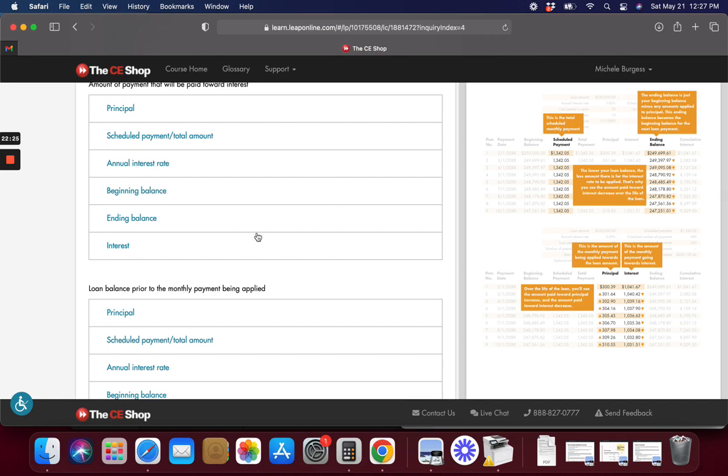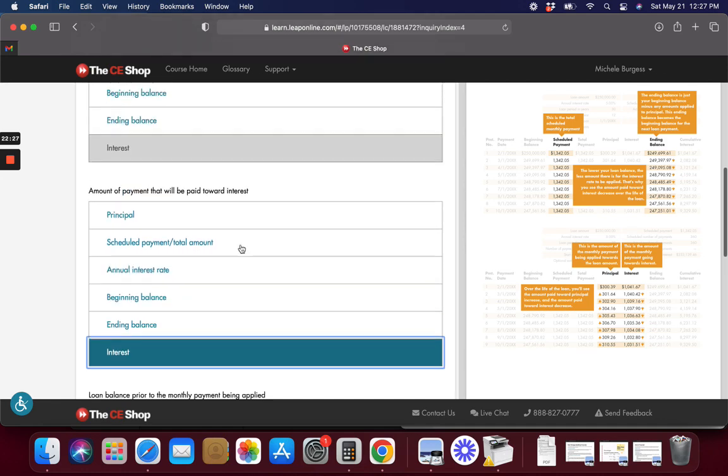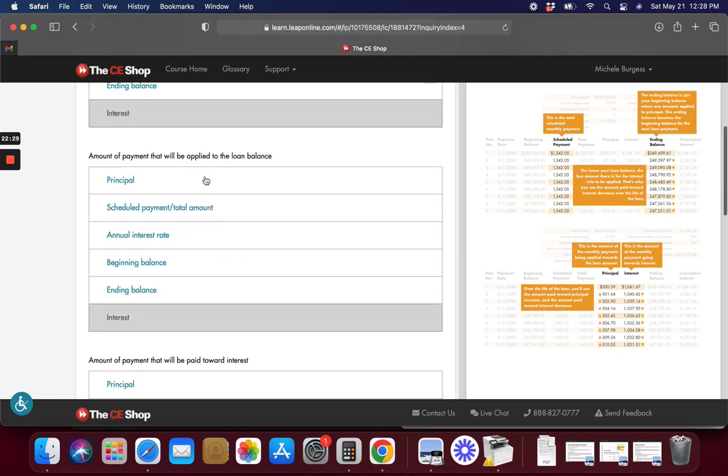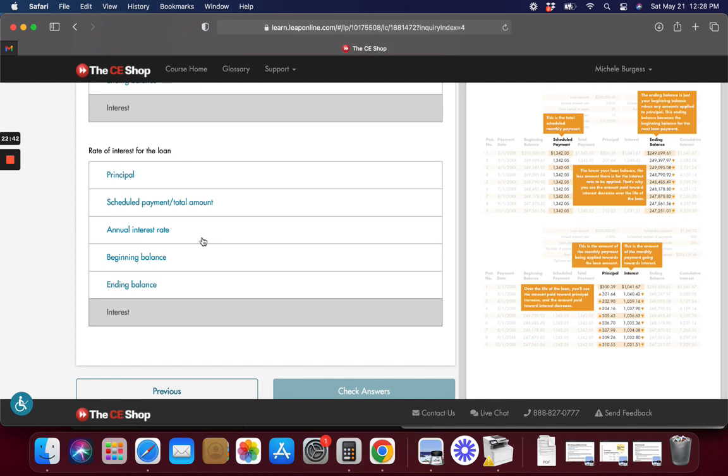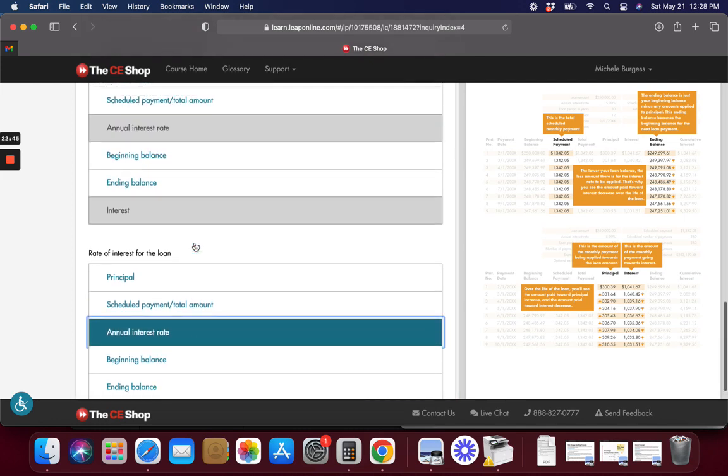The interest, right? The interest will be paid towards that. And I'm guessing the principal will be paid towards the amount of payment applied to the loan balance. Rate of interest for the loan is the annual interest rate.